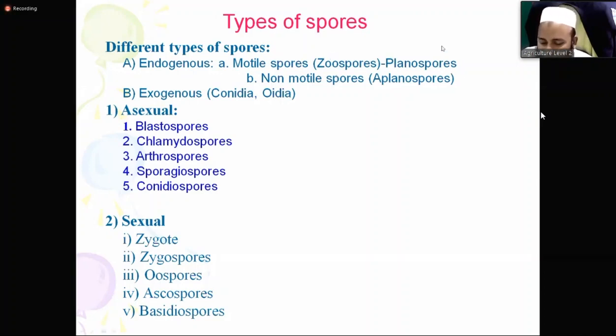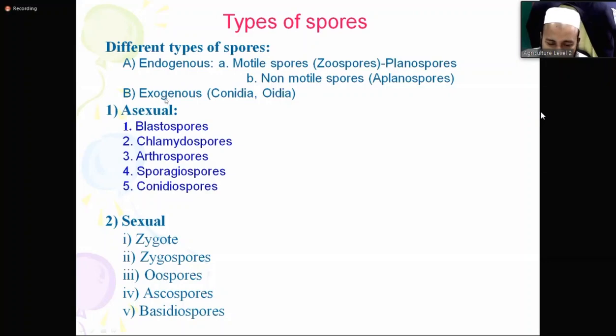They float in a film of water, and by their flagella they can move. Move means maybe in their life 1 millimeter, a very small area, not directly.